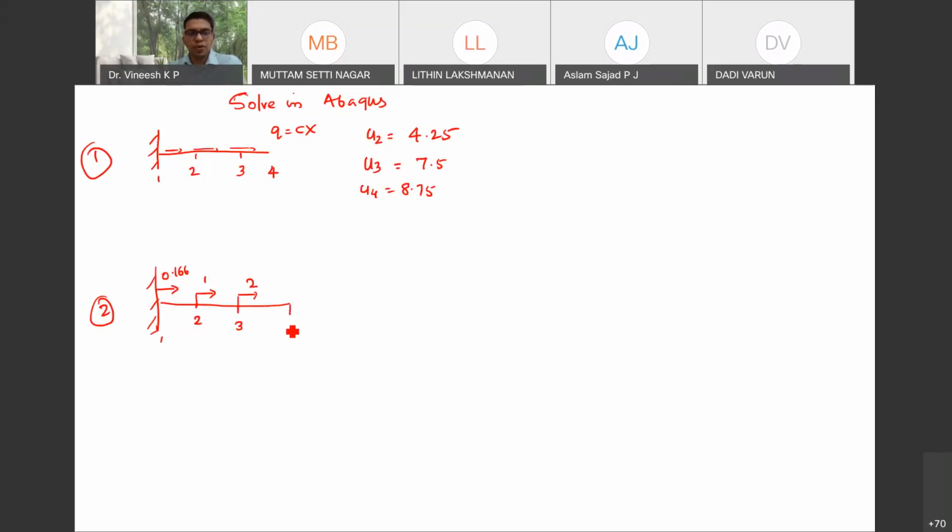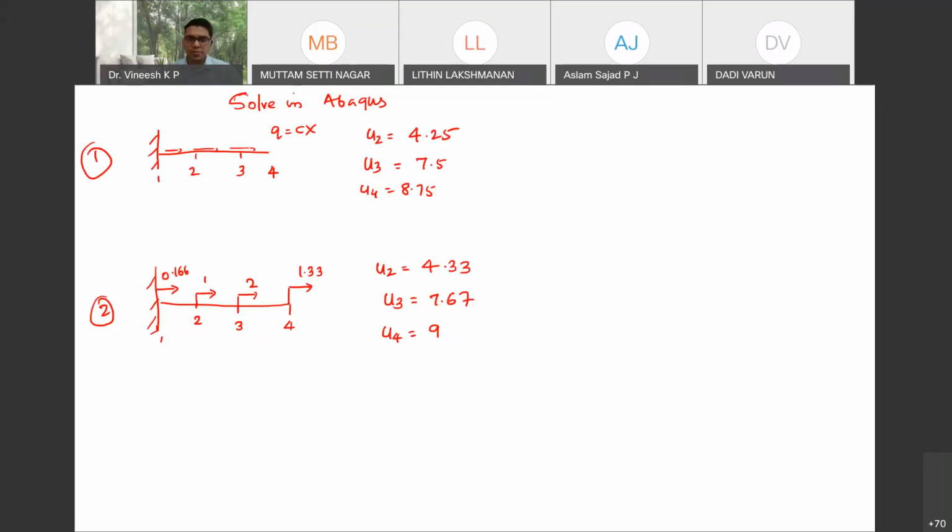On node 4, I am applying a force of 8 by 6, that is equal to 1.333. Then I am getting U2 is equal to 4.33. U3 is equal to 7.67. And U4, I am going to get 9. So this is the result.